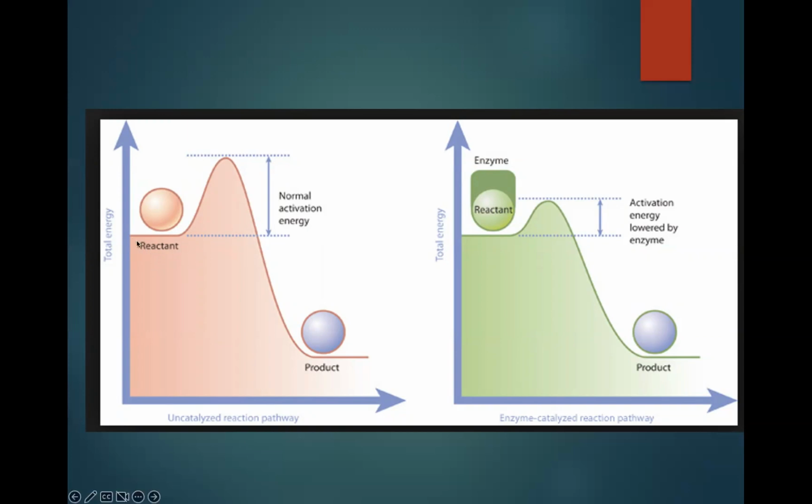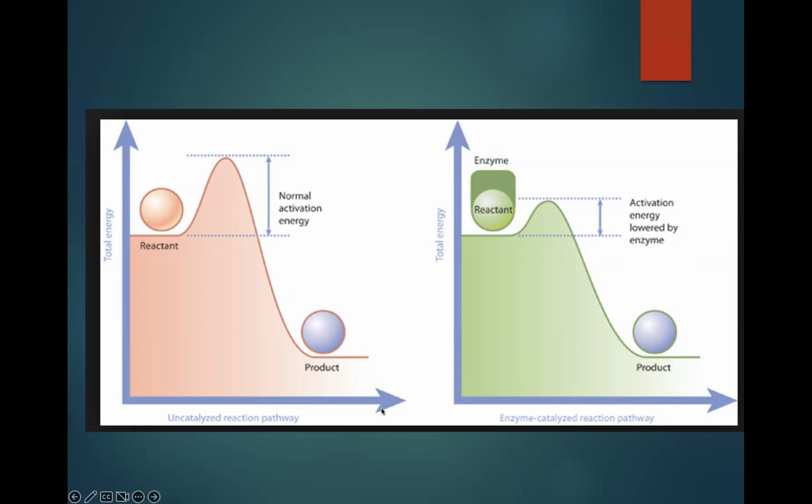In order for us to go from reactant to product, there is some activation energy that is required. And so here in this uncatalyzed reaction, we have a normal amount of activation energy that's required, okay? This graphing right here represents how much energy will be necessary to complete this reaction, going from reactant to product.